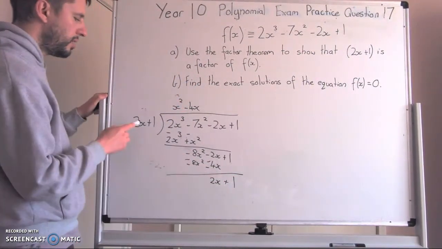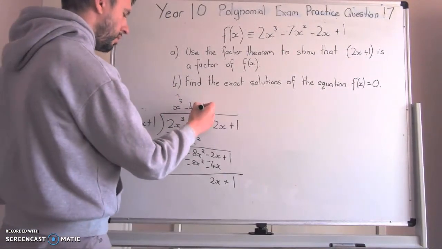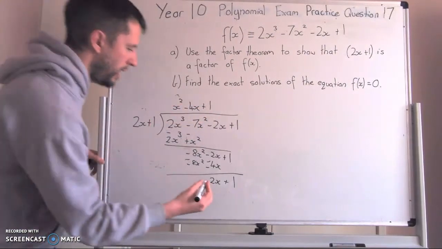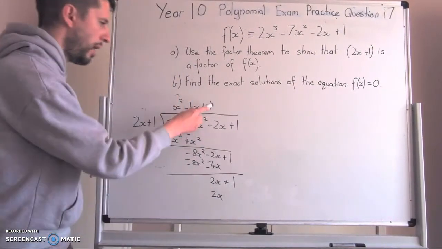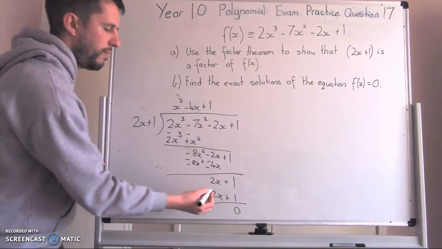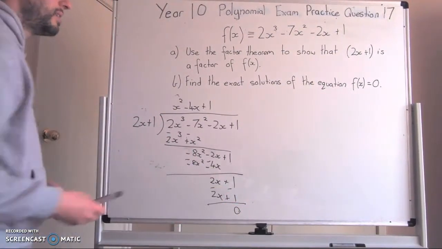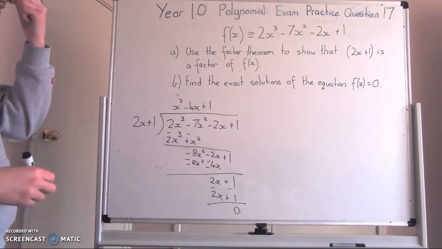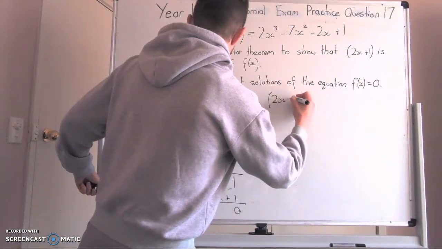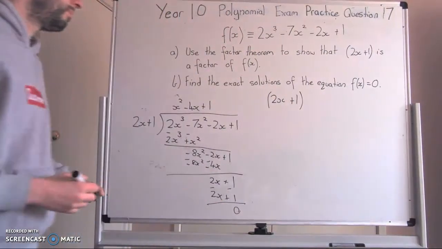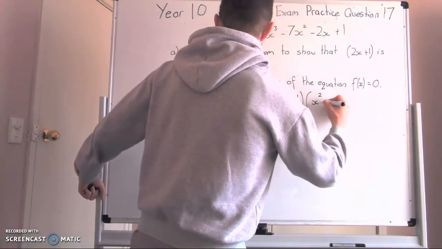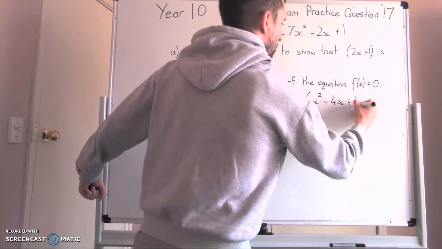So 2x divided by 2x is 1. 1 times 2x is 2x, and 1 times 1 is 1. If I take away both of them, I end up with 0. So this shows me I have 2x plus 1, and a quadratic of x^2 minus 4x plus 1.